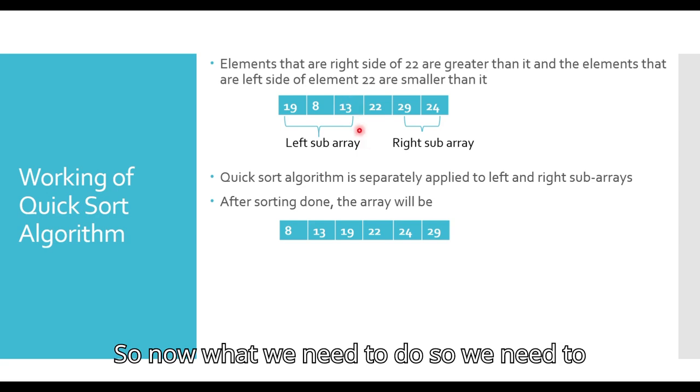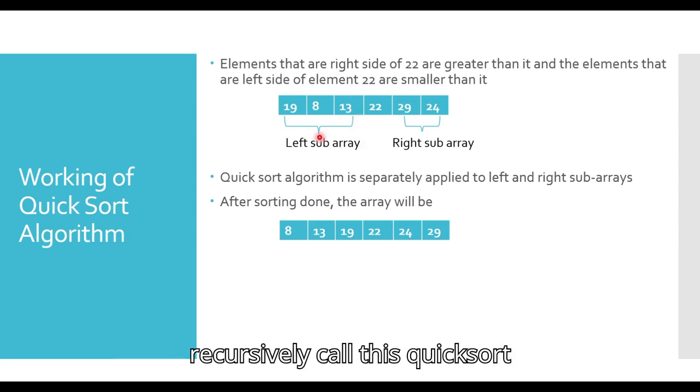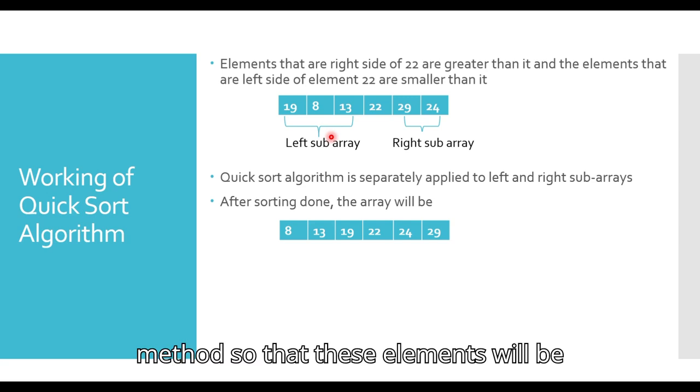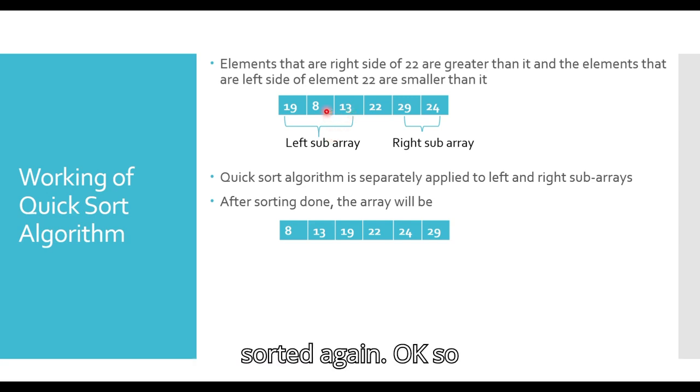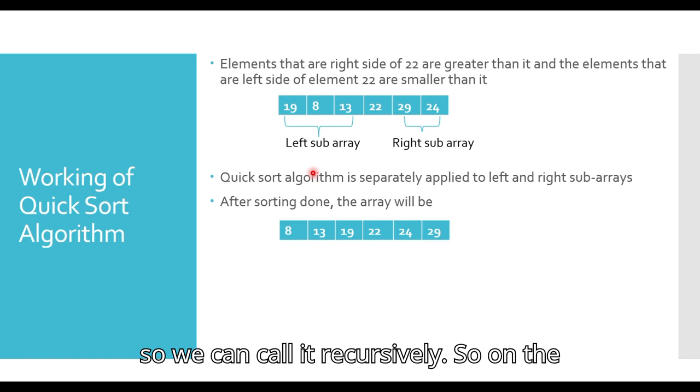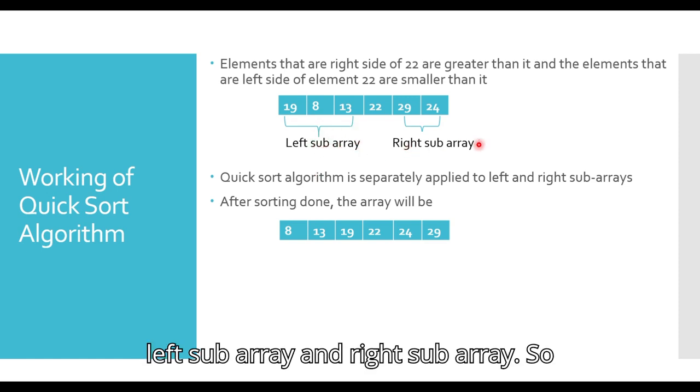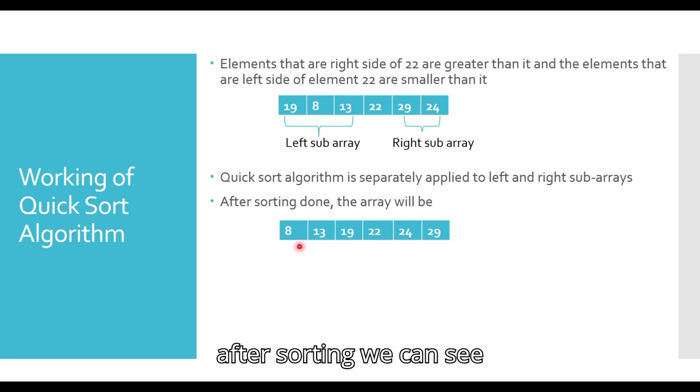So now we need to recursively call this quicksort method so that these elements will be sorted again. 19, 8, 13 is the left subarray, and 29 and 24 we call the right subarray. So we call it recursively on the left subarray and right subarray. After sorting we can see 8, 13, 19, 22 will be the same, then 24 and 29. After sorting, we see this type of result.